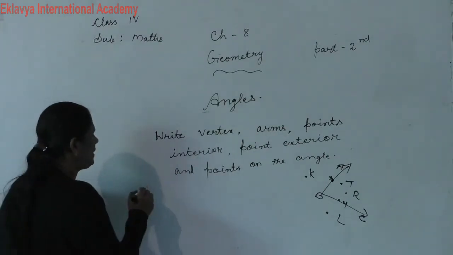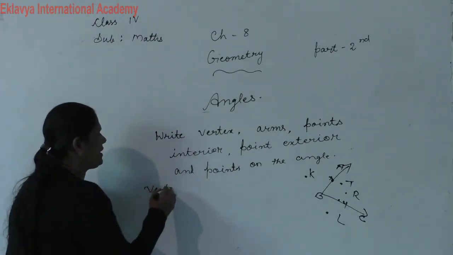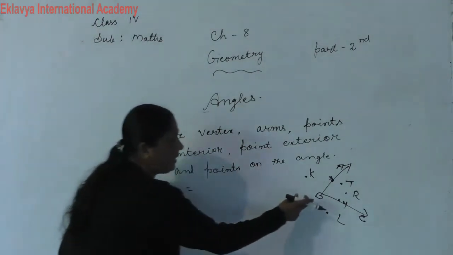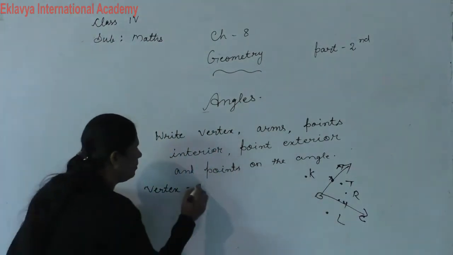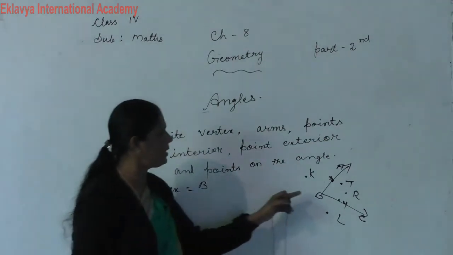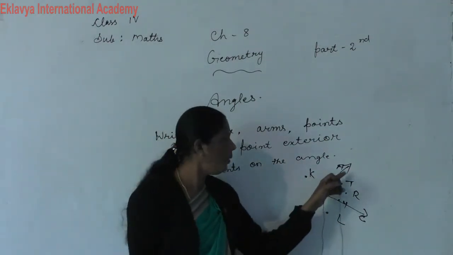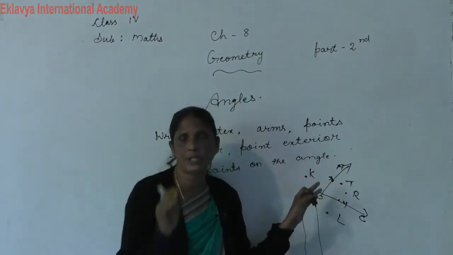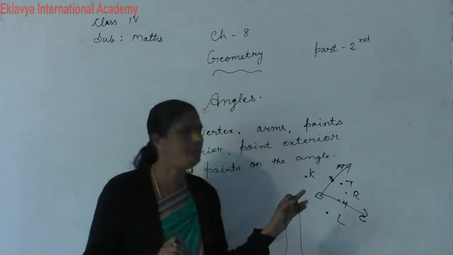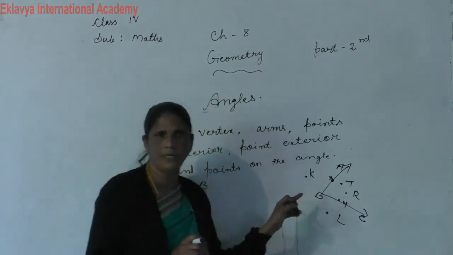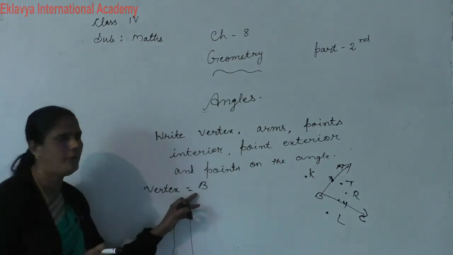First, vertex. What is the vertex of this angle? B is the vertex. The two rays start from this initial point, and this point is called the vertex.